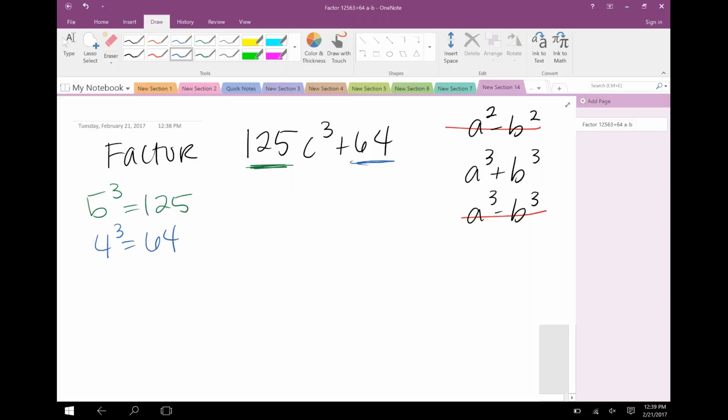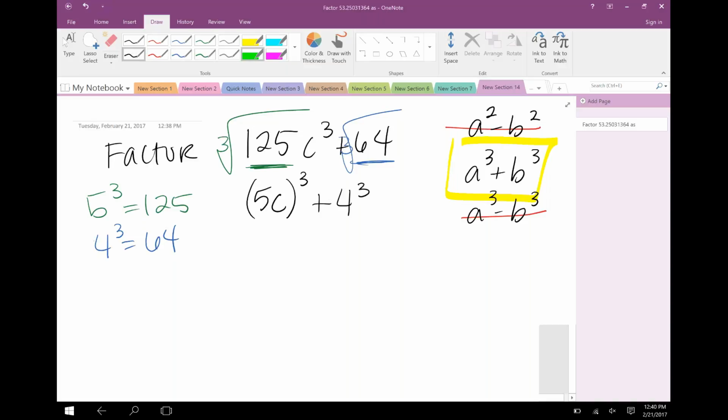So I'm going to rewrite this so that I can identify what my A and my B is. So I've got, this is going to be 5c cubed. You're basically taking the cube root of this to figure out what goes in the parentheses. And then here you're taking the cube root of this to figure out what goes in the parentheses.